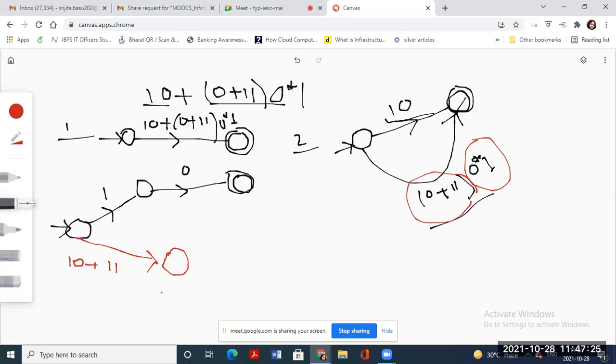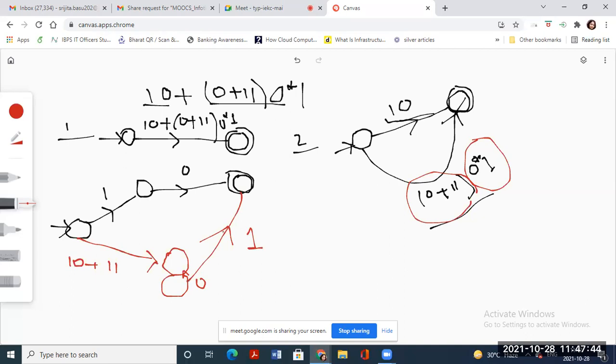So we can just put a self loop of 0, followed by a 1. So it's followed by a 1. This is a step that we can follow.